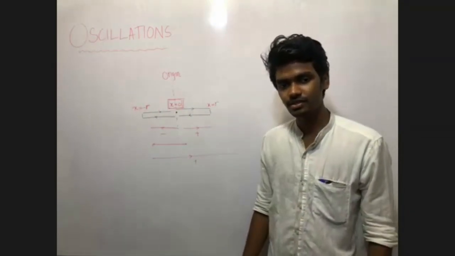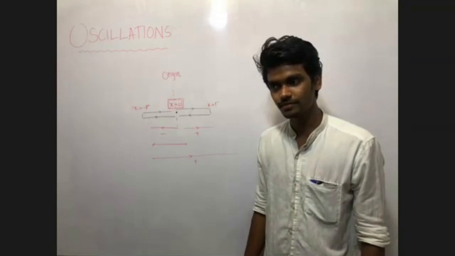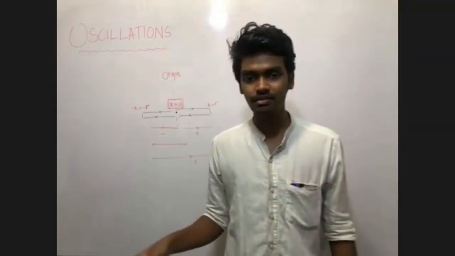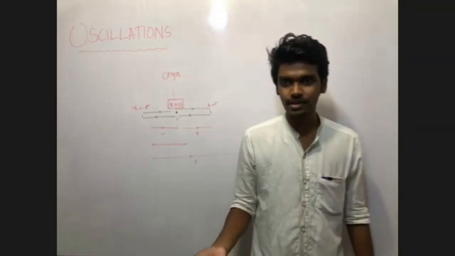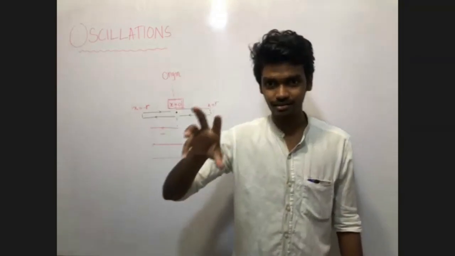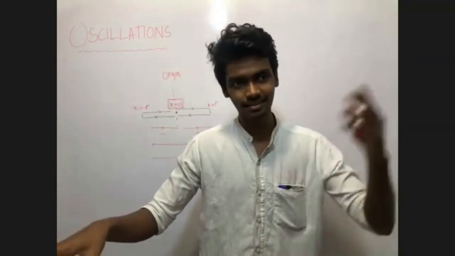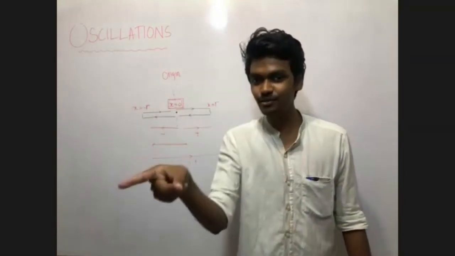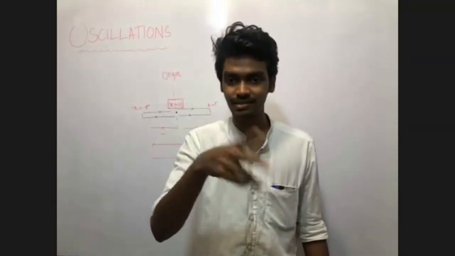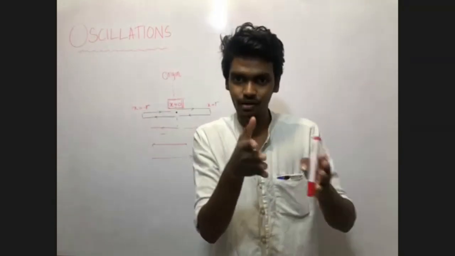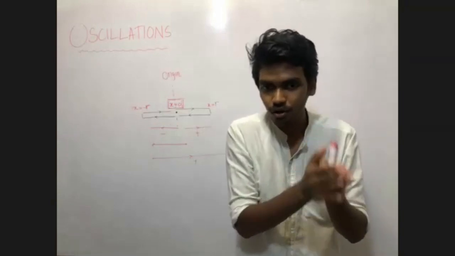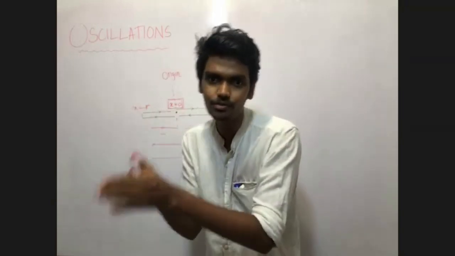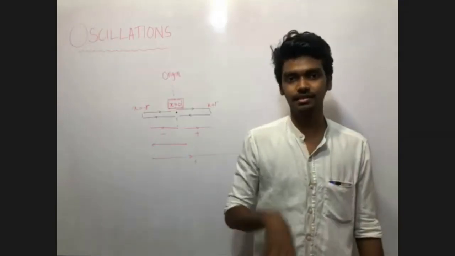Does every oscillation produce a wave? No. Not every oscillation produces a wave, but for a wave to be generated, there should be an oscillation. So the converse is not true, but the vice versa is true. Not all oscillations produce waves, but waves are produced by oscillations.